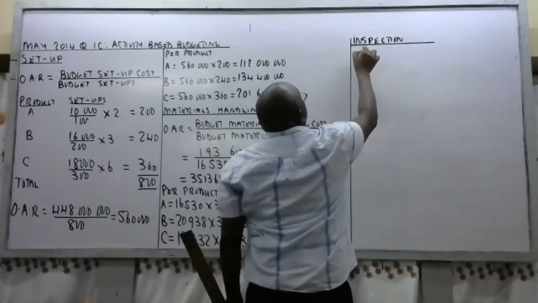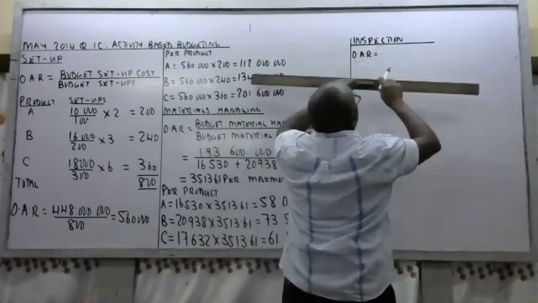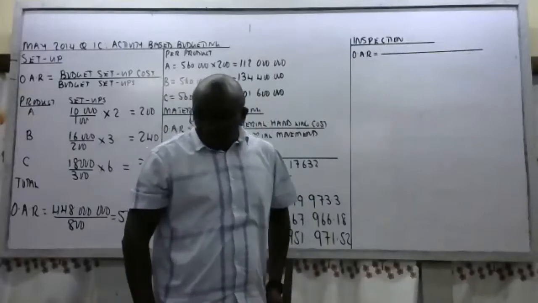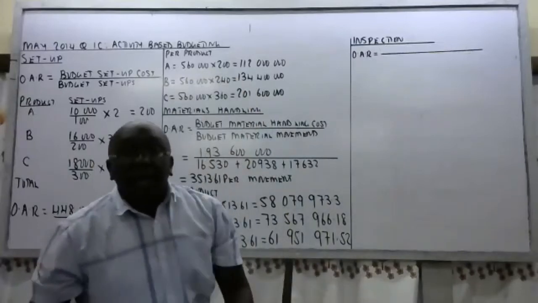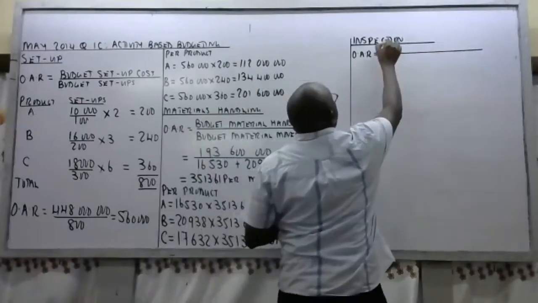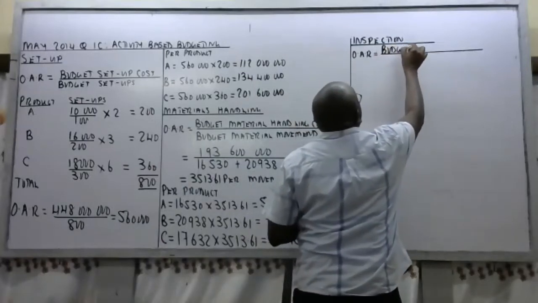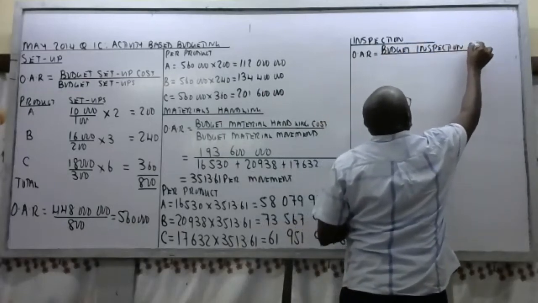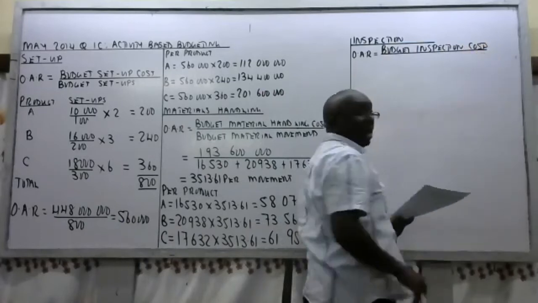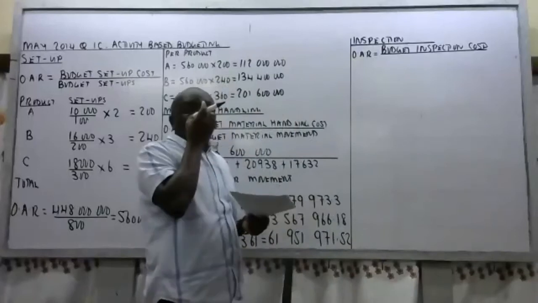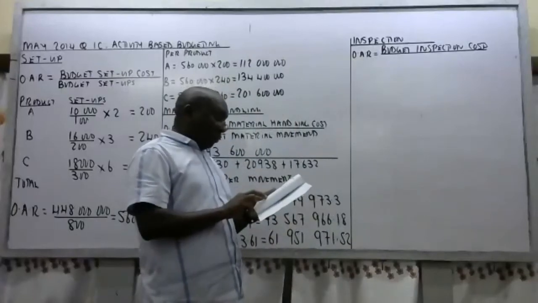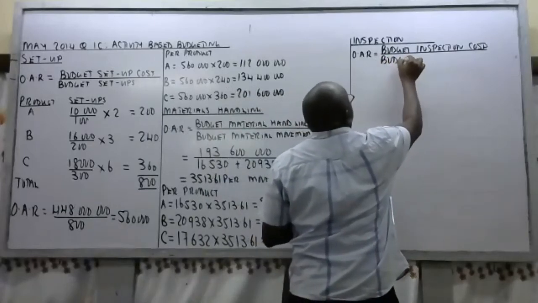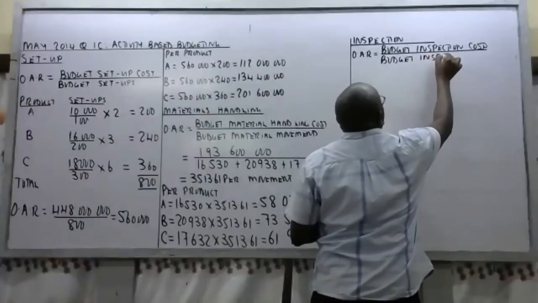So the OAL will be equal to budget inspection costs, we divide by budget inspections.